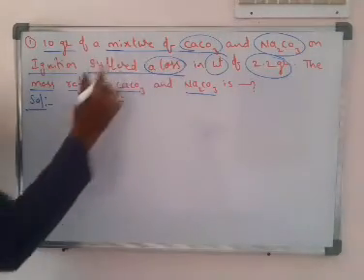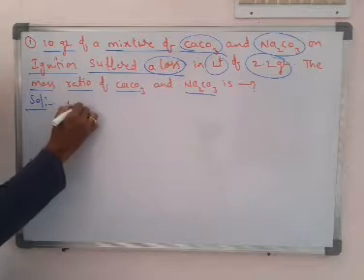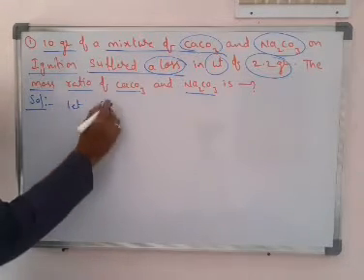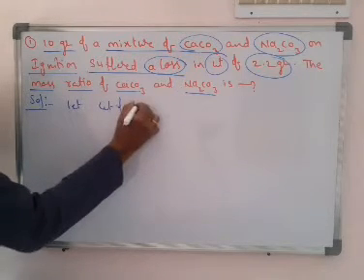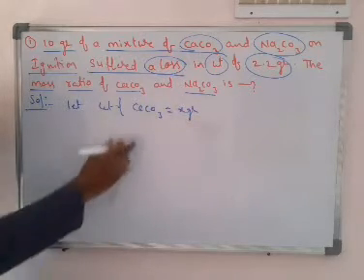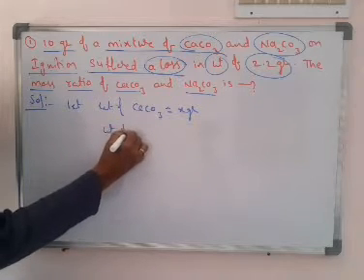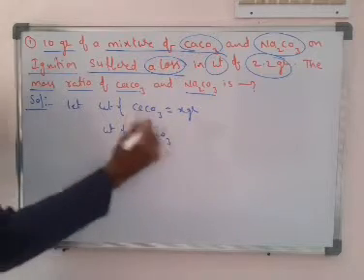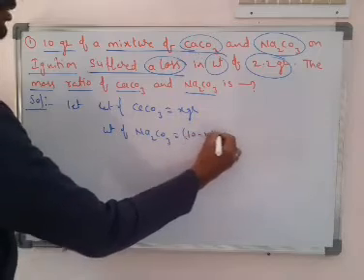Take the weight of calcium carbonate as x grams. So if CaCO3 is x grams, then what is the weight of sodium carbonate? It's 10 minus x grams.